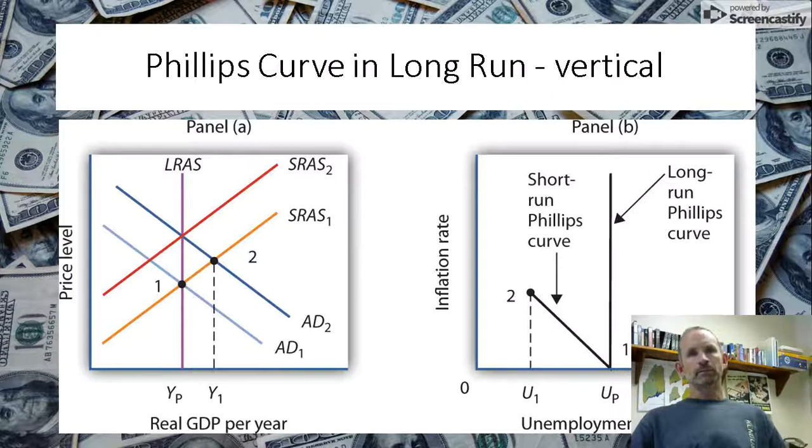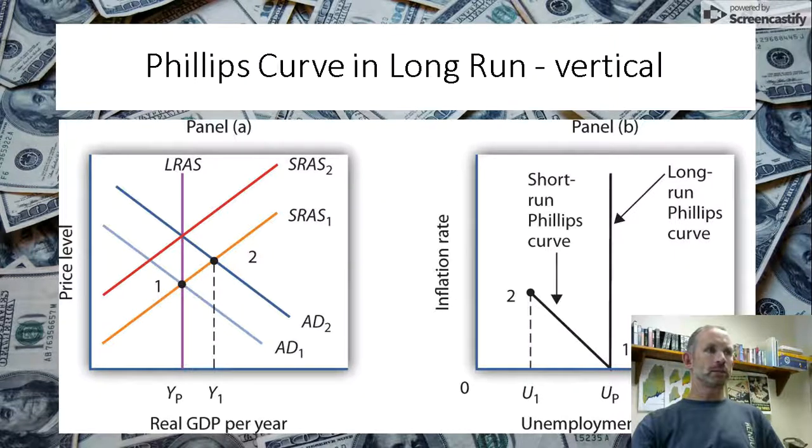So if we have a quick increase in aggregate demand that causes some inflation and causes the economy to kind of have a growth spurt, that may cause the unemployment rate to go down in the short run. But remember, in the long run, what tends to happen here is prices go up, production costs go up, so it shifts the short run aggregate supply curve back to the left.